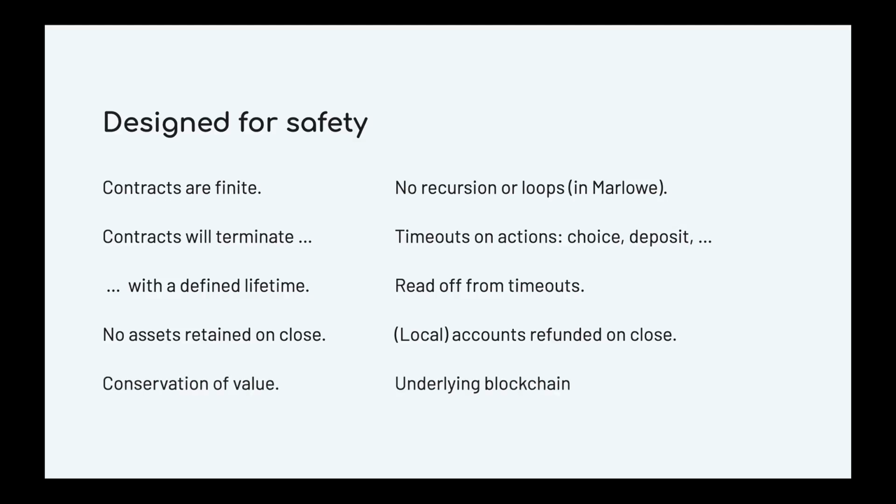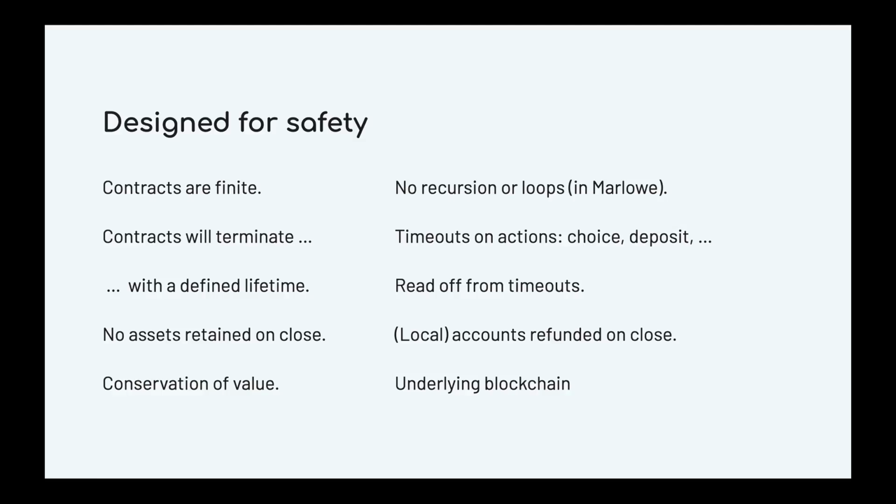Now, conservation of value is something that we get really for free from the underlying blockchain. The underlying blockchain guarantees against double spend, and because we're using the transaction mechanisms of the underlying blockchain, we can be sure that we are getting conservation of value.